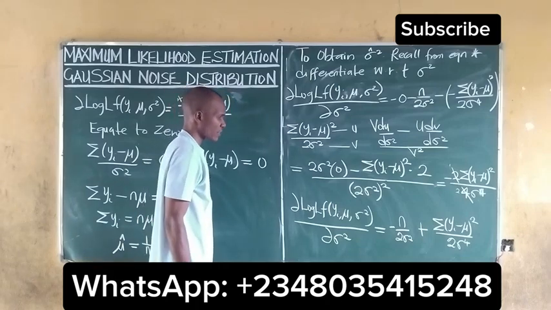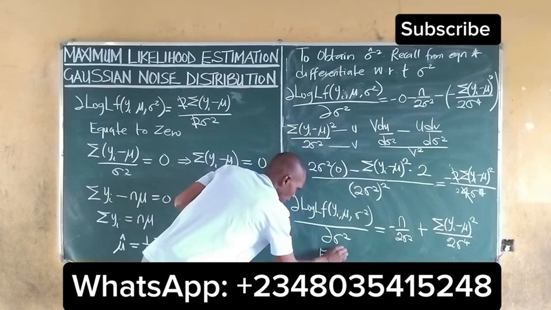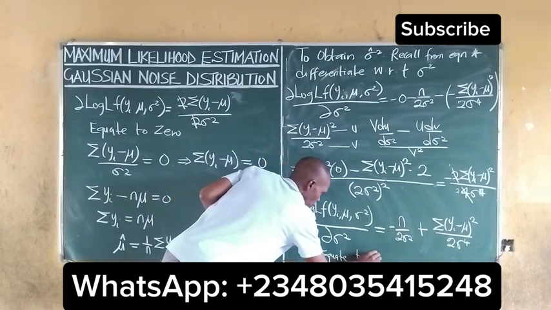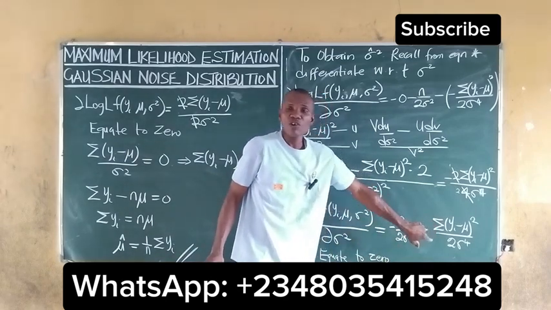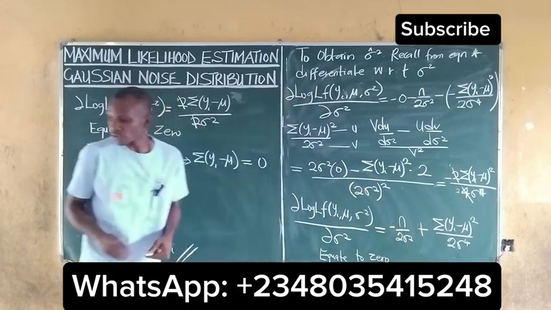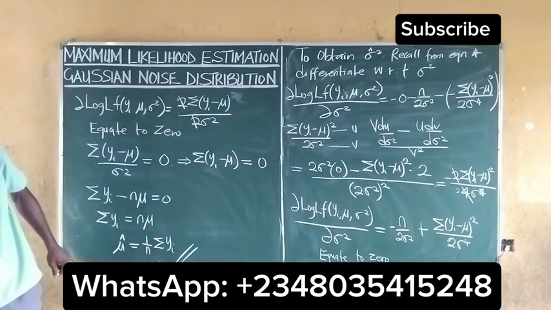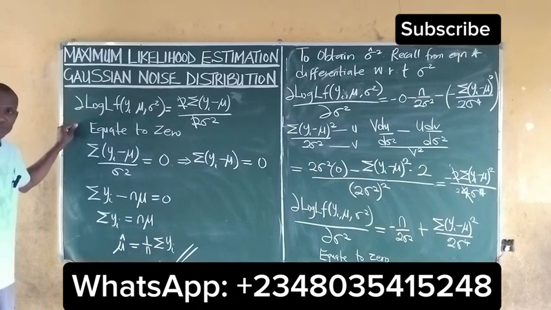So this is what we'll get. The next thing to do is to equate it to 0. For you to maximize this function, you equate it to 0. So equating to 0, we move over to the other side of the board.